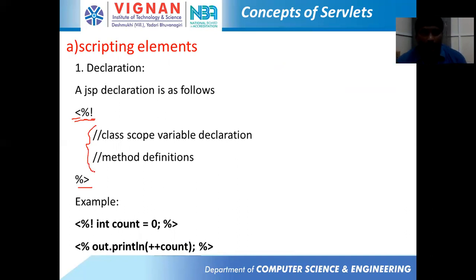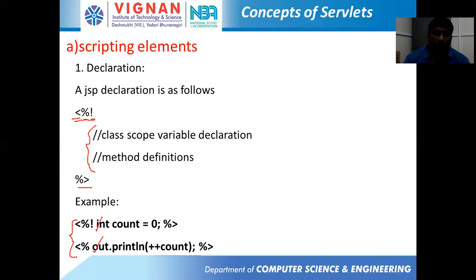The Java code you can write here is class scope variable declarations and method definitions. So variables we can declare and method definitions also we can declare here. For example, int count equals, this is a variable declaration. This is a method. Statements like these you can write in a declaration.